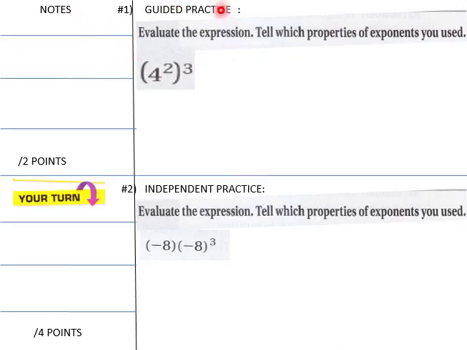First, got to practice here for 2.1, Algebra 2. Tell which properties of exponents you used here. So we have 4 squared cubed, and students, this is your problem here for you to handle.